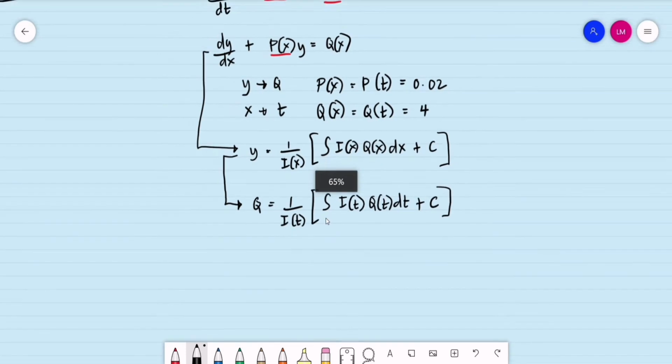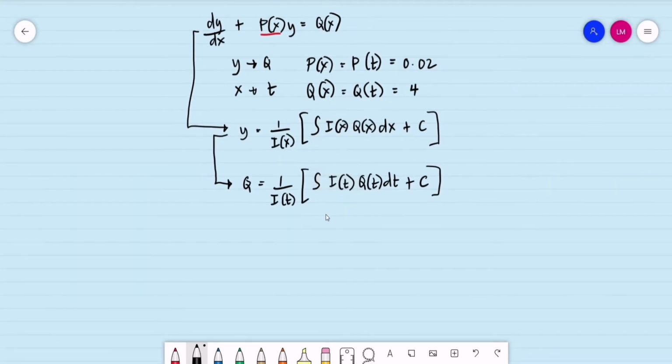By the way, what is the equivalent of the integrating factor I of t? This is equal to e raised to the integral of, instead of P of x, I'll be using P of t, dt.